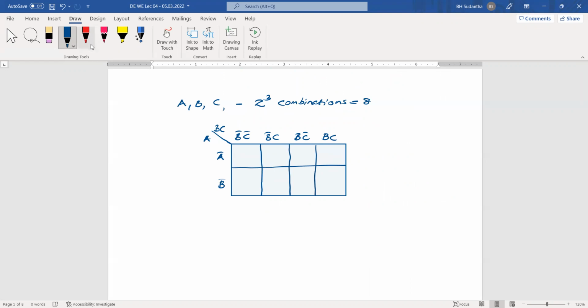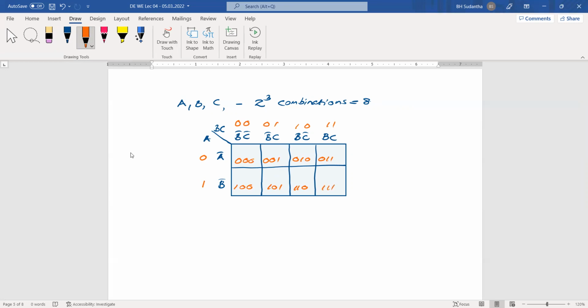When you put numbers here, this is 0, this is 1, this is 0 0, this is 0 1, this is 1 0, and 1 1. Then in this grid, this is 0 0 0. This grid is 0 0 1. This is 0 1 0. This is 0 1 1. This one is 1 0 0, 1 0 1, 1 1 0, 1 1 1.